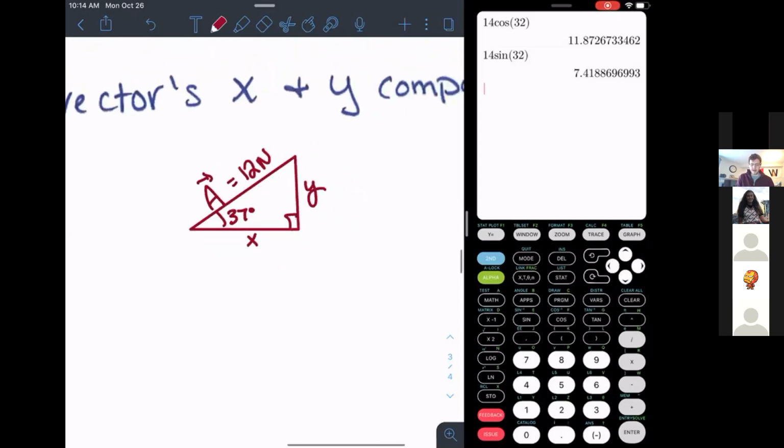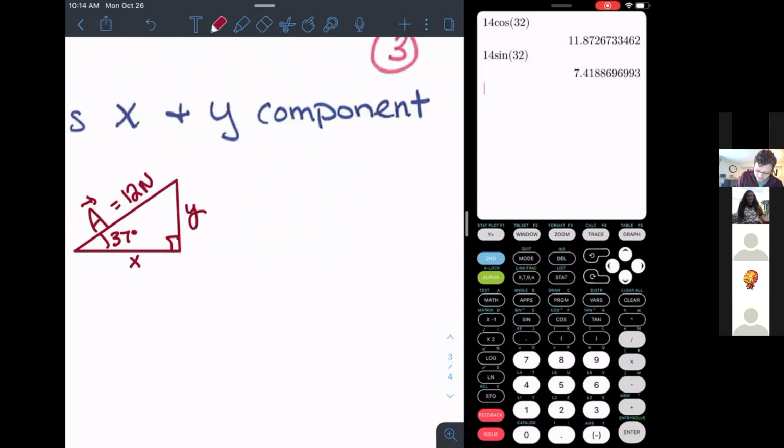Can anybody tell me how to find x here? Cosine of 37. Awesome. So cosine of 37 equals x over 12. Good. If I wanted x by itself, how do I get x by itself?